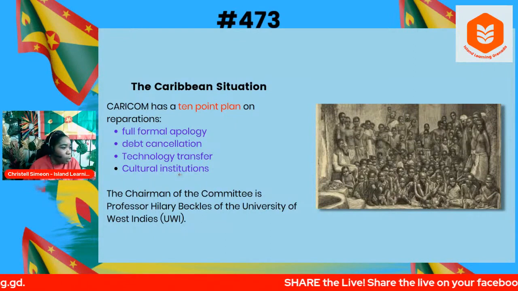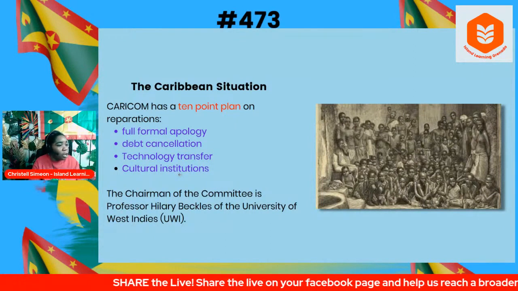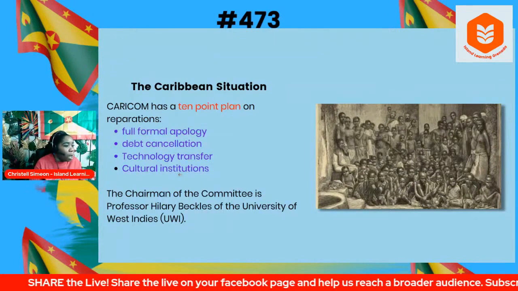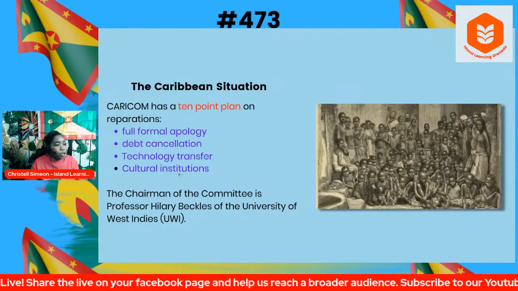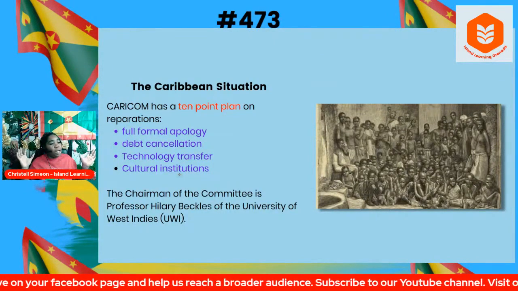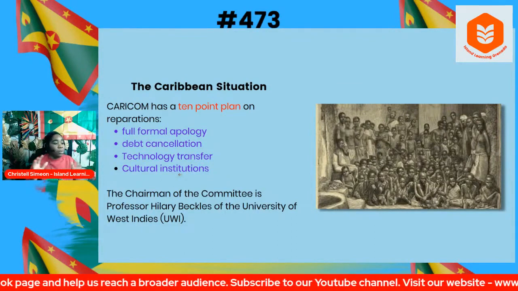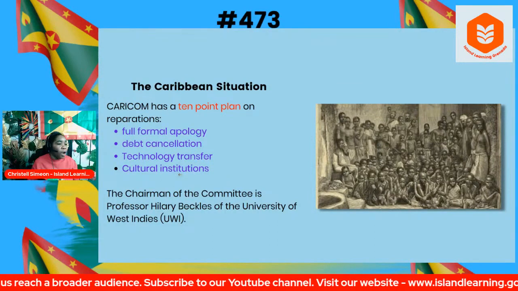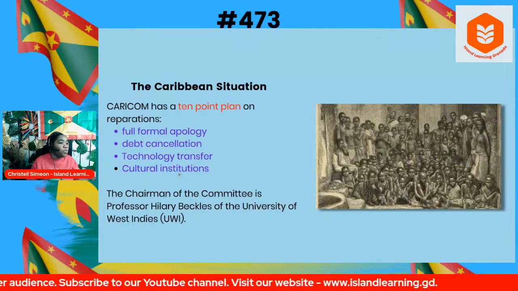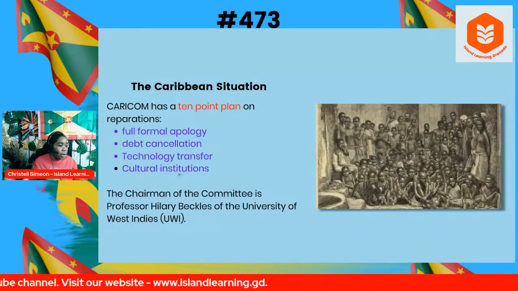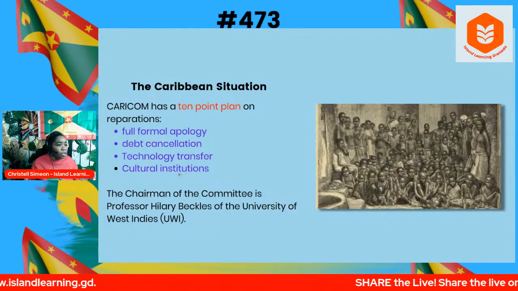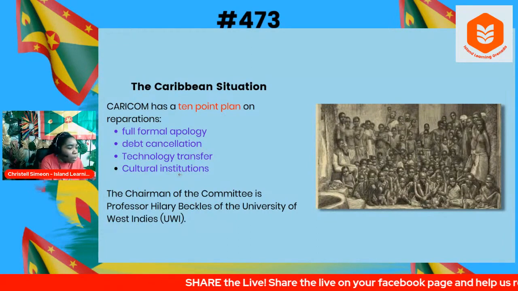The first one, of course, is a symbolic measure of reparation, which is a full formal apology. So the UK, Holland, Spain, and France apologizing formally for their role and involvement in slavery, the transatlantic slave trade, chattel slavery, and the genocide of the Amerindian population.